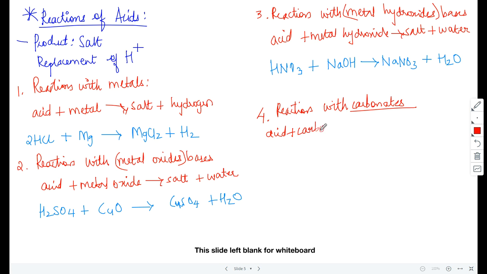acid plus carbonate giving me salt plus water plus carbon dioxide.